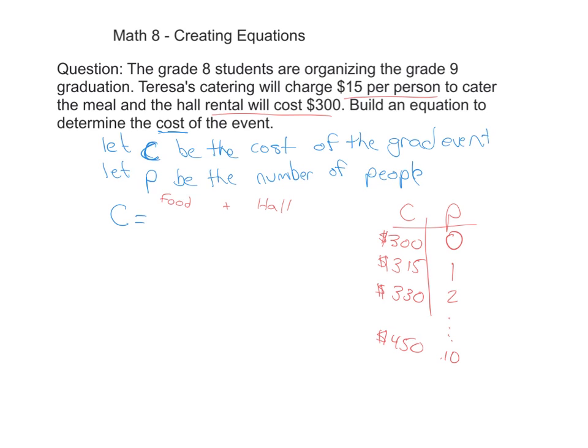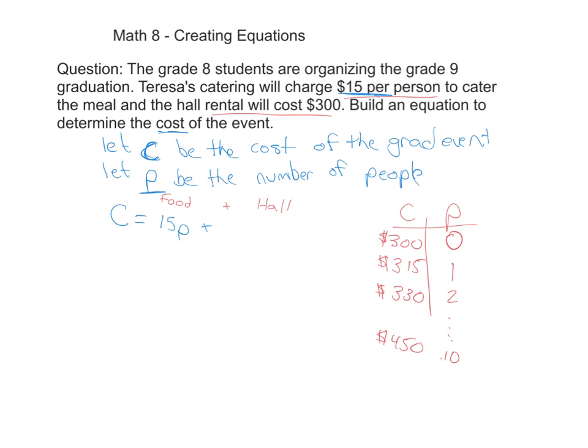If there were 3 people, I took 3 times 15. But I don't know how many people there are. So it's going to be $15, because that's how much it was per person, multiplied by how many people there were. We're going to call people just P. So 15P is 15 times the number of people.